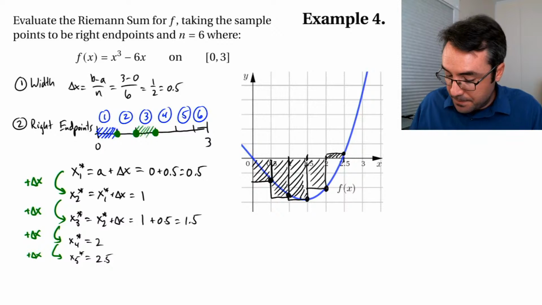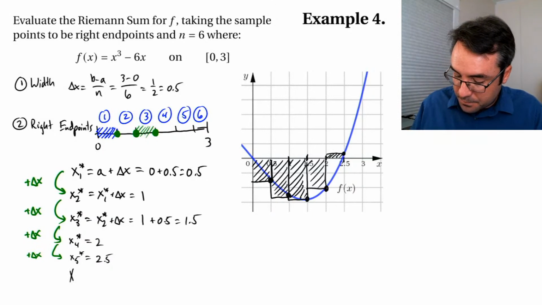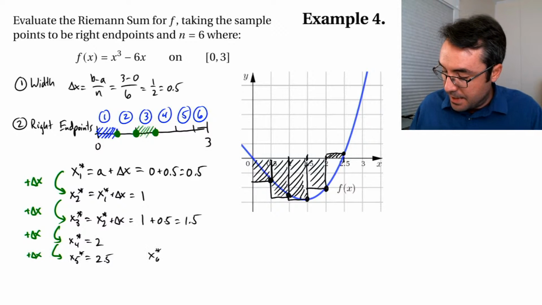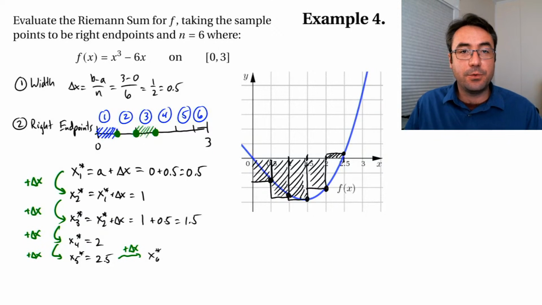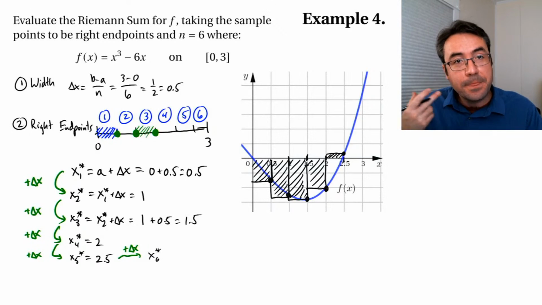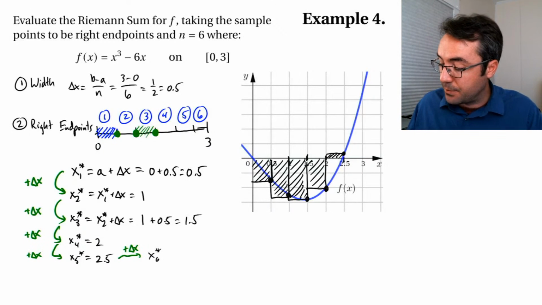We need our sixth one. To get our height, we're going to figure out x6 star, and we just take our previous value and add in another delta x. Our previous value was 2.5. We add 0.5 to that, we get 3.